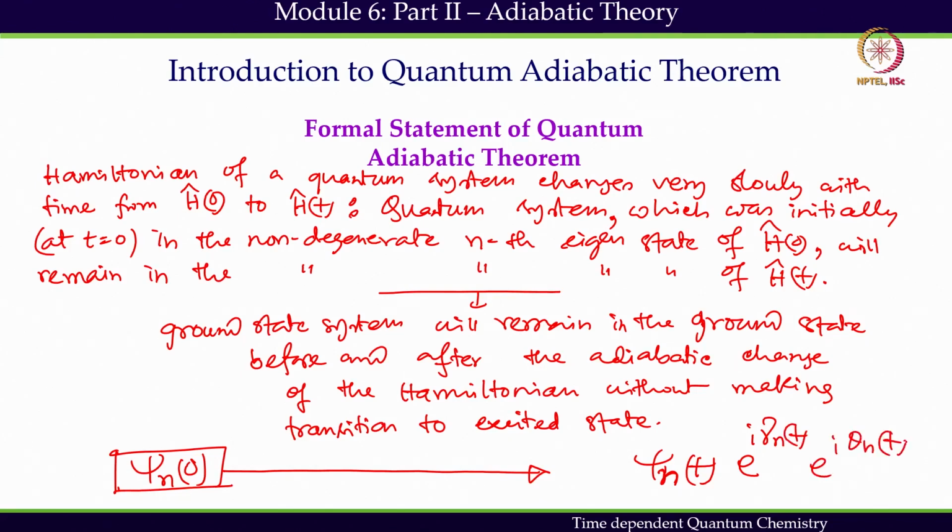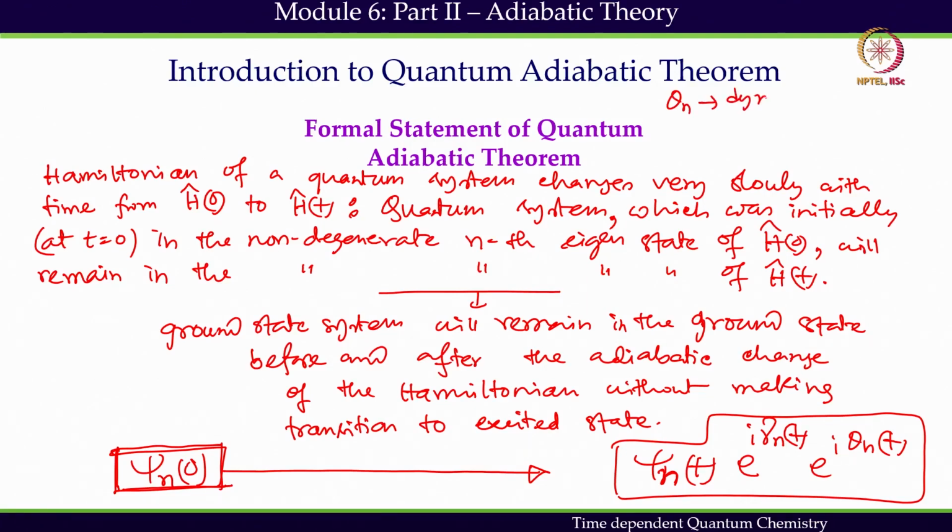That's the difference. So, the wave function after the adiabatic process is over is this one, immediately after the process is over. Here this theta n is called the dynamical phase and gamma n is called the geometric phase.